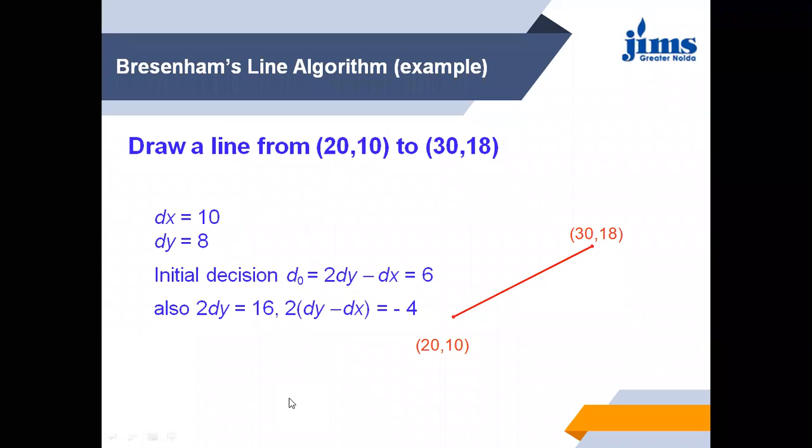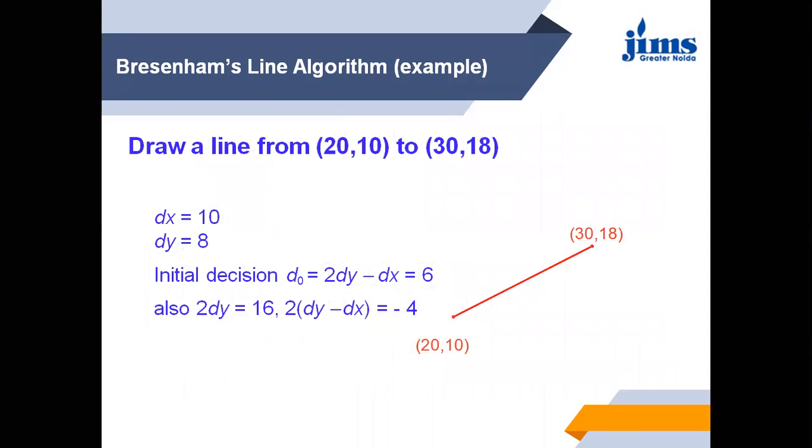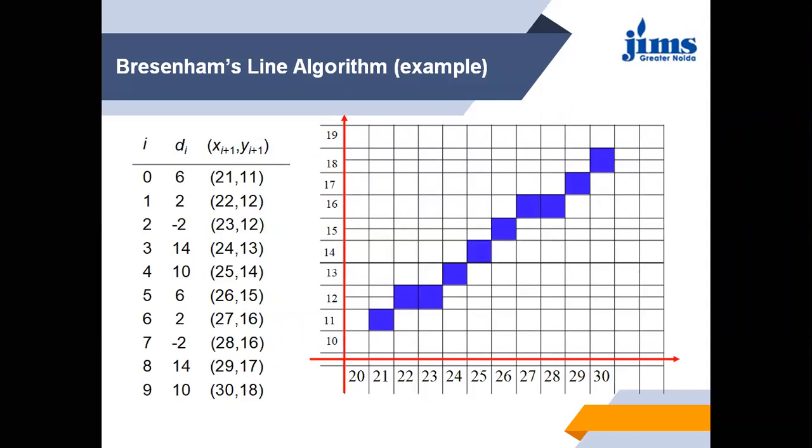This is the representation of this same line, from (20,10) to (30,18). This is our first pixel.